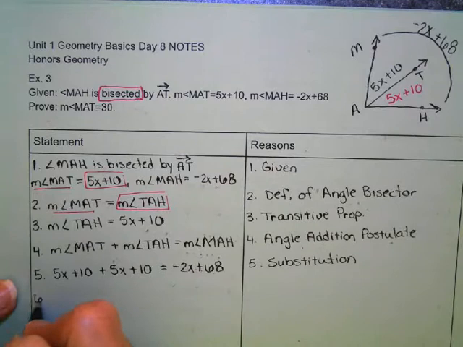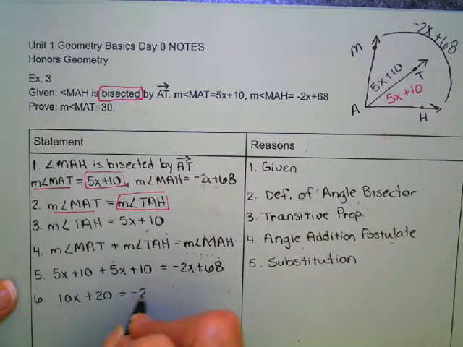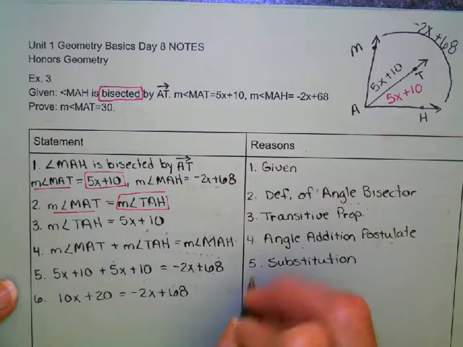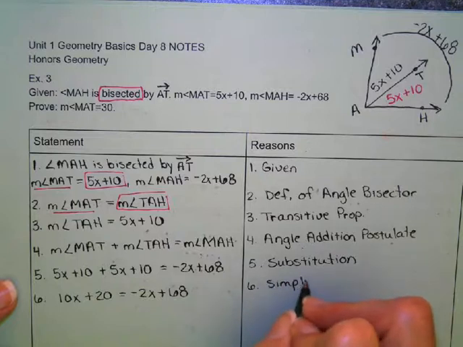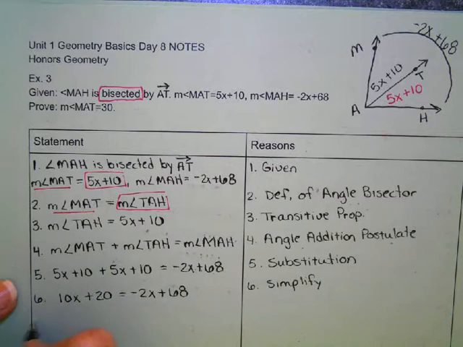I'm going to combine like terms and get 10x plus 20. The thing about proofs, they seem long because you're writing every step you do out and you're explaining it. So I would call that I simplified the left hand side. I'm going to add my 2x over to this side and get 12x.